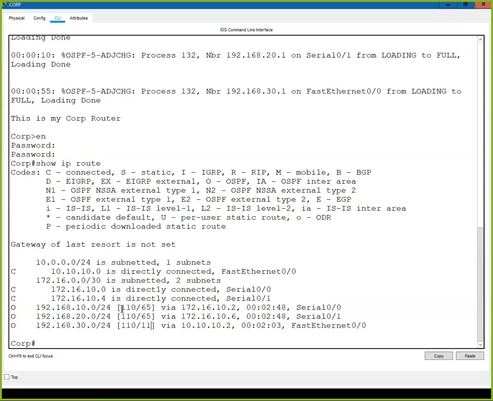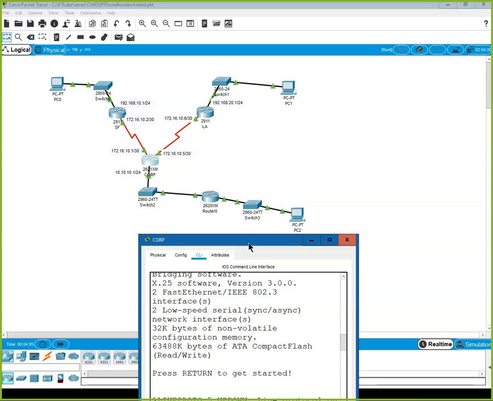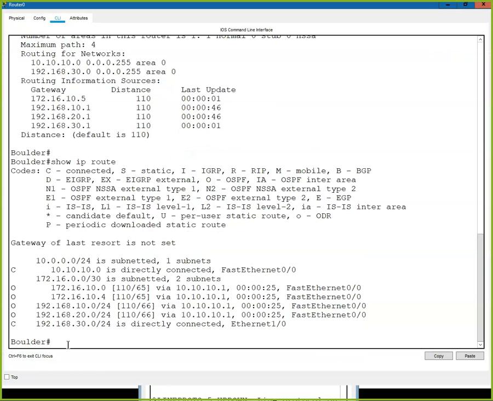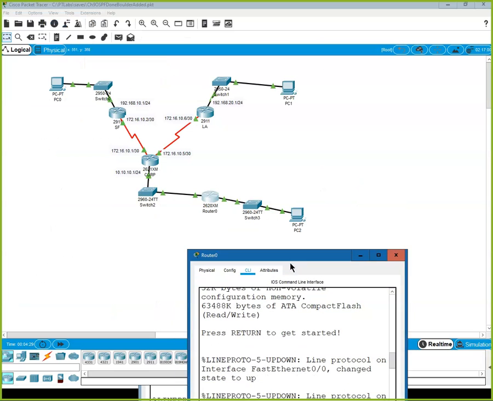So we have the administrative distance for these things and the cost, and you can add them up. If I go from, let's see if we can add them up. If I go from this guy to the 172.16.10, 110 is a 65, and it should be additive. Am I on the right device?